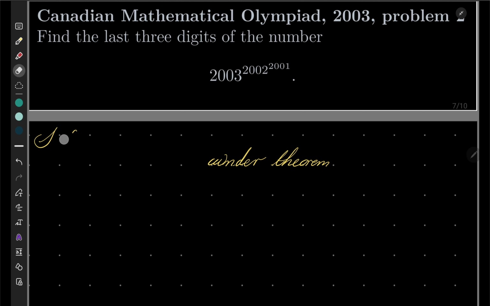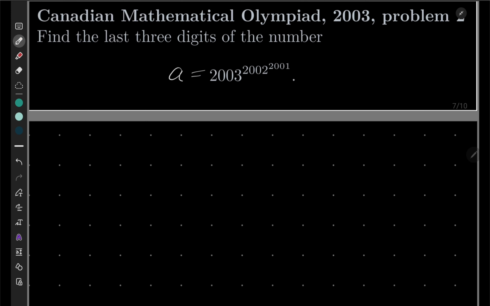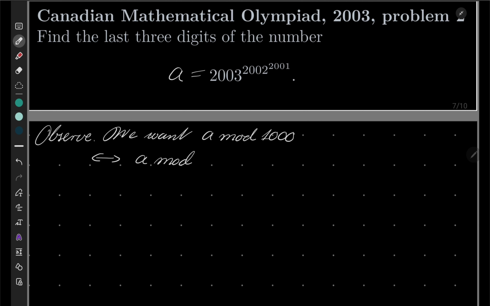Okay, so my solution. First of all, let's call this number A and observe that we want to find A modulo 1000, and by the Chinese remainder theorem it's somewhat equivalent to finding A modulo 8 and A modulo 125.